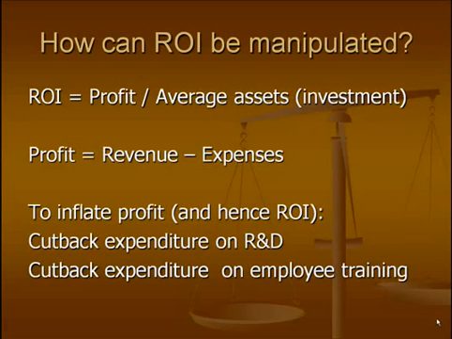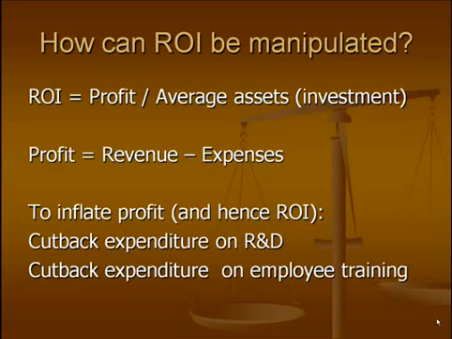The most popular ways are managers cut back on research and development expenses. They could cut back on expenditure on employee training. If they do that, in the short term, profit will increase, so ROI will increase.